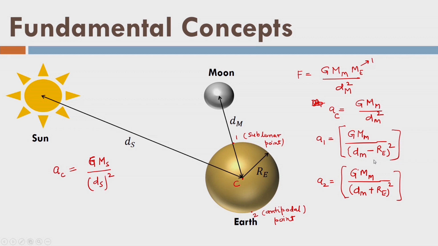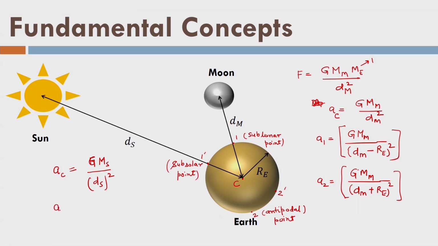Similarly, I can write the same formulas like A1 and A2 for the Sun. If I declare this point as point number 1 dash and this one as point 2 dash, 1 dash is the subsolar point, and 2 dash is the antipodal point corresponding to this subsolar point.